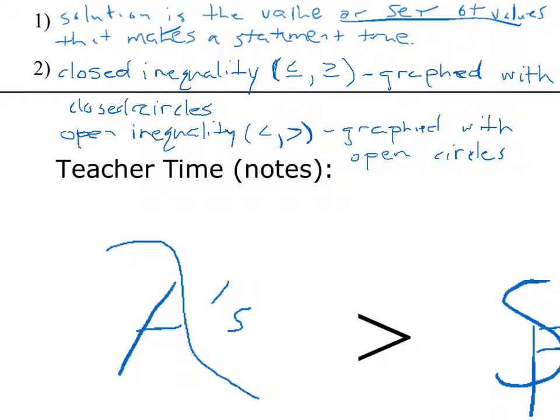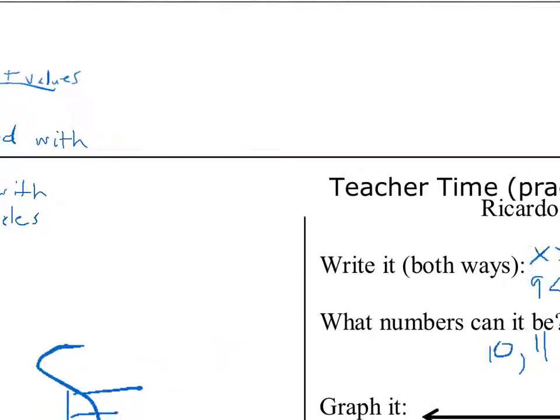Other key points. Kyrie. You can flip an inequality. Perfect. All inequalities can be written two ways by flipping them around.